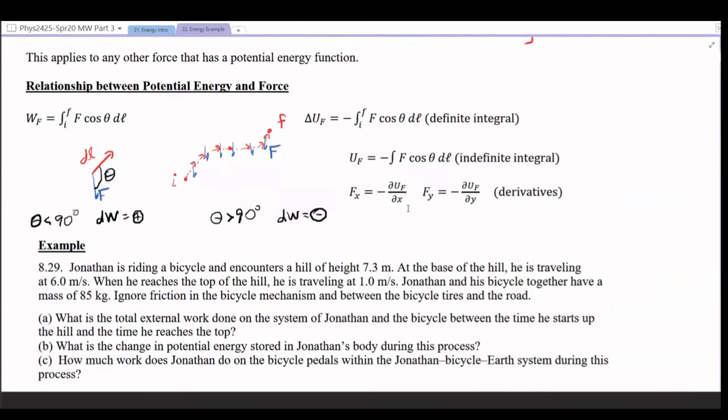So we need to have some way of turning a number, capital U, into a vector. The way we can do that is we can take the derivative of the potential energy with respect to the x motion and relate that to the x component of force. The derivative of our potential energy with respect to y motion gives us the y component of force.